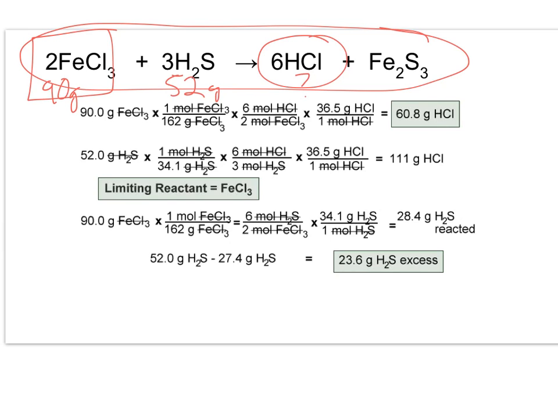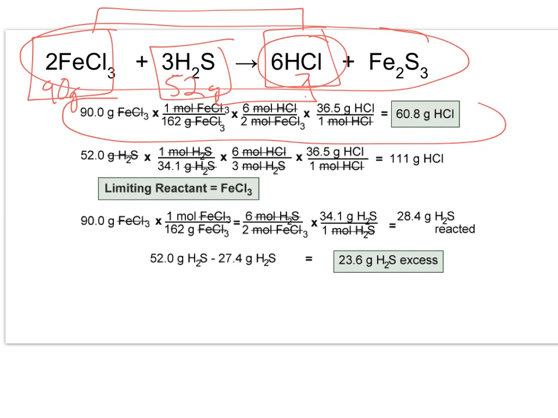So it's a limiting reactant problem, right? It's already balanced for me. So here I'm seeing if I use up every drop of my iron 3 chloride, and you can see this is the molar mass, now this is the mole ratio, and then I'm converting to grams. This must be the molar mass of hydrogen chloride. I'm going to get this much hydrogen chloride.